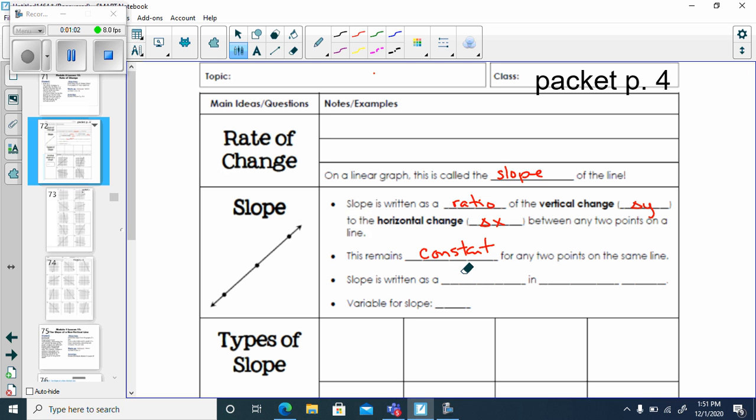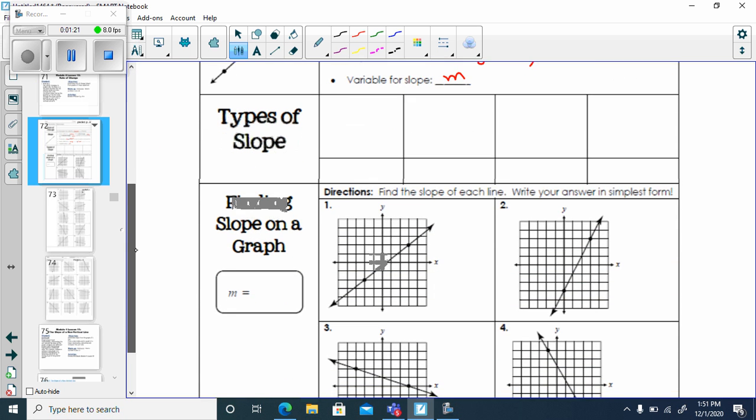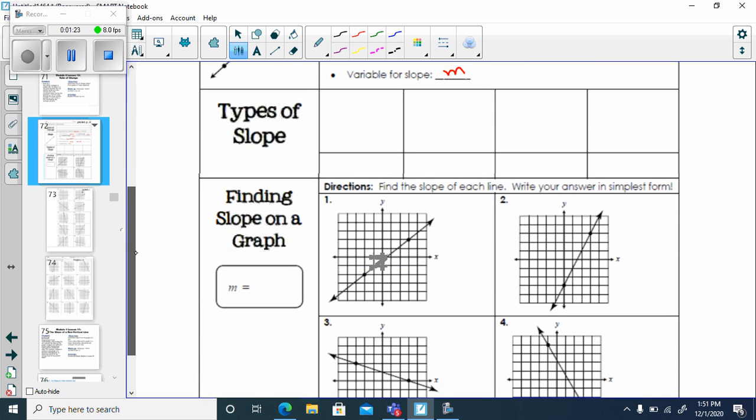Slope is written as rise over run, or change in y over change in x. The variable for slope is m. I don't know why they use m, but that's the letter that has been used forever, so that's what we've got to deal with. Now, types of slope: we have our positive slope, which means you're going up.